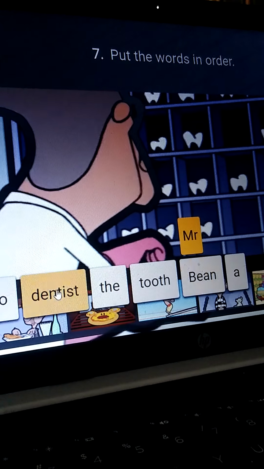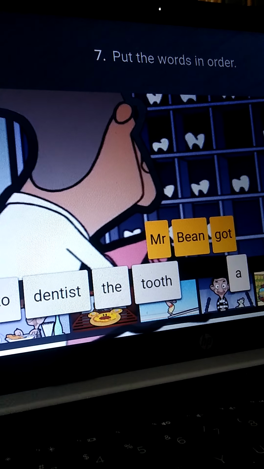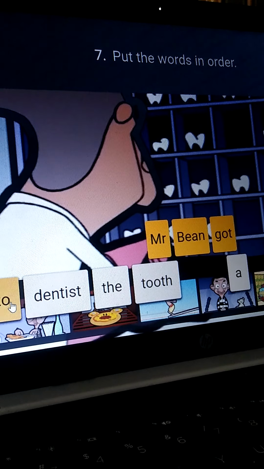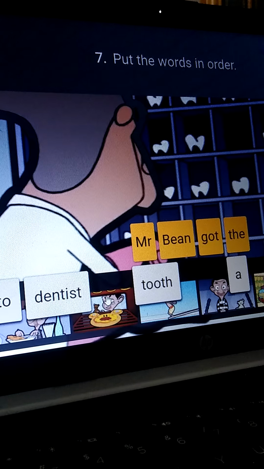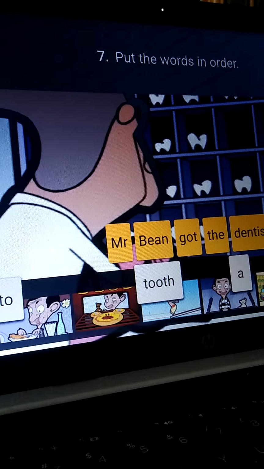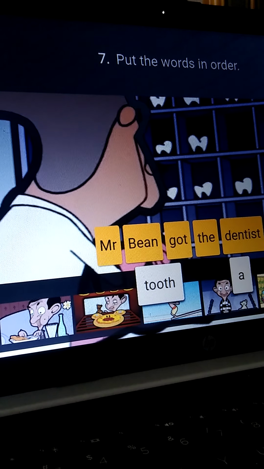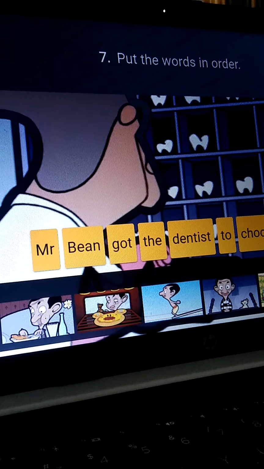Mr. Bean got the dentist to choose a tooth.